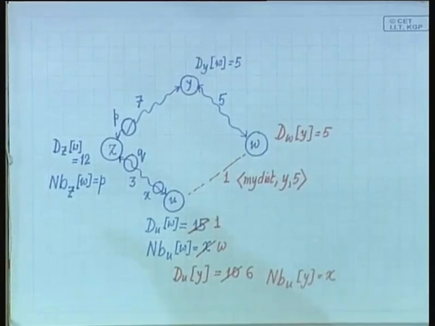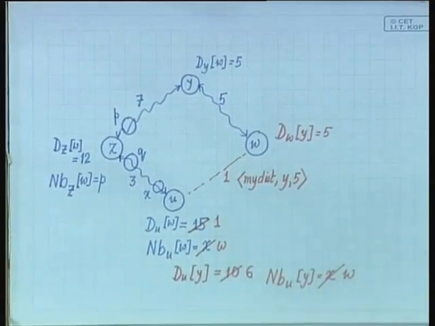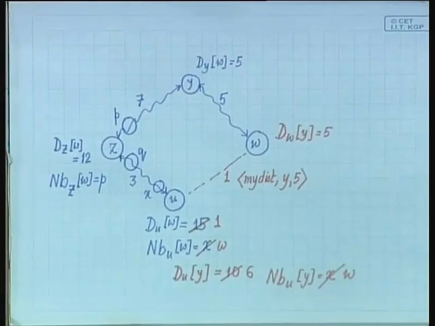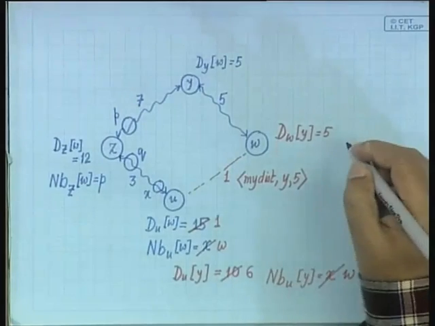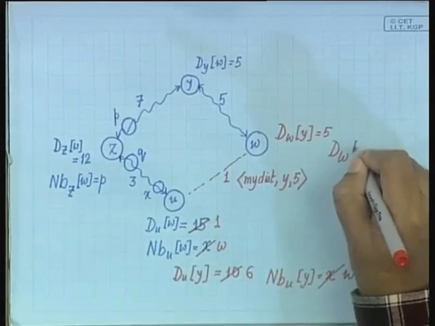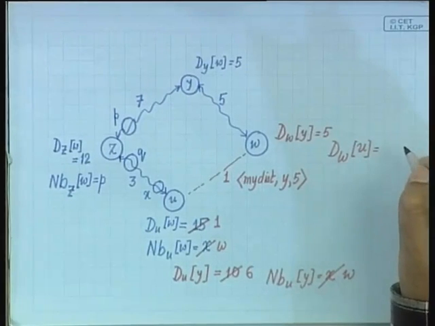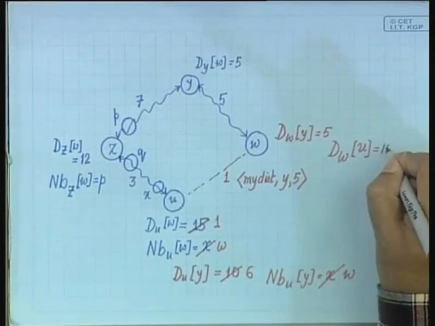X. Now it will become W, right? Okay. What was dwu previously? 15.